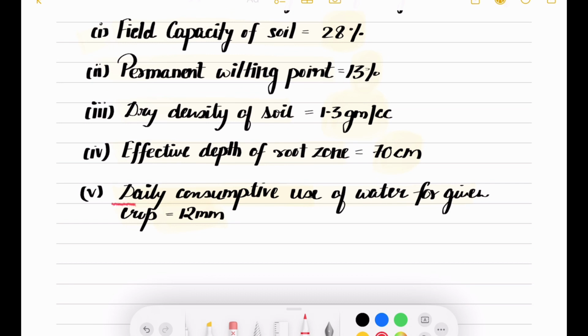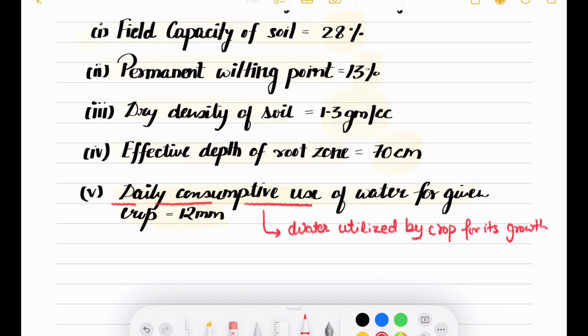So daily consumptive use is the water utilized by the crop for its growth or to meet its evapotranspiration need on a daily basis.